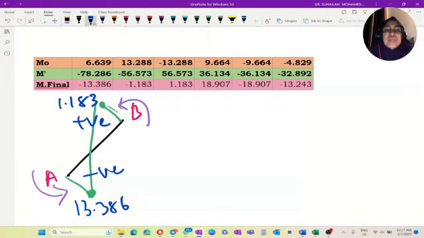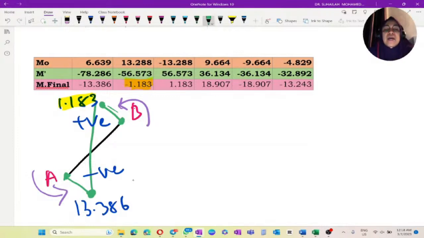In the diagram it is positive, because the last position must be 0. This positive is added to the negative, so the last point reaches 0 again. So this is the bending moment diagram for member AB.